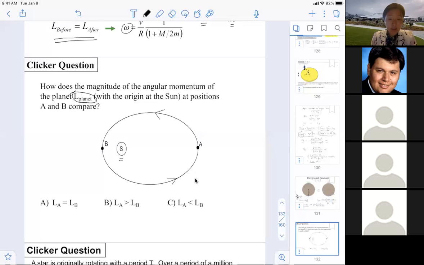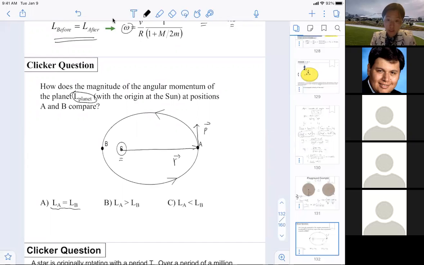So this one has an interesting application because if we expand upon the angular momentum, how do we calculate angular momentum for a point particle? We said it's r cross p, right? This is r pointing from the center to where the object is, and p, the direction of the momentum, is the direction of your velocity, which is tangential to the path.